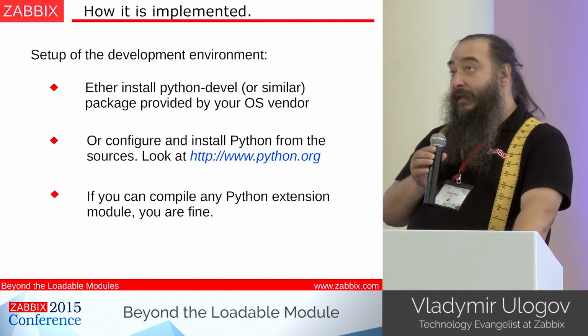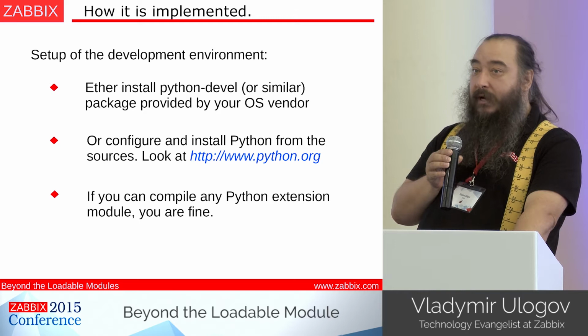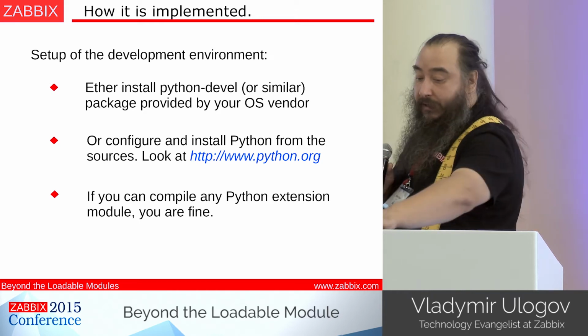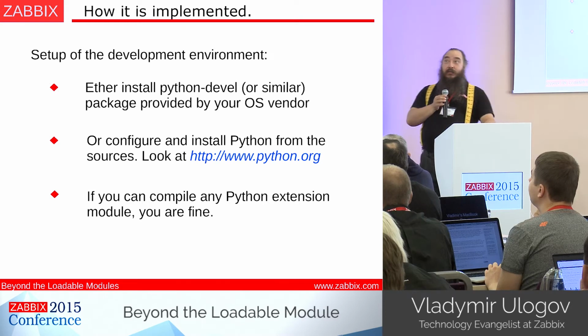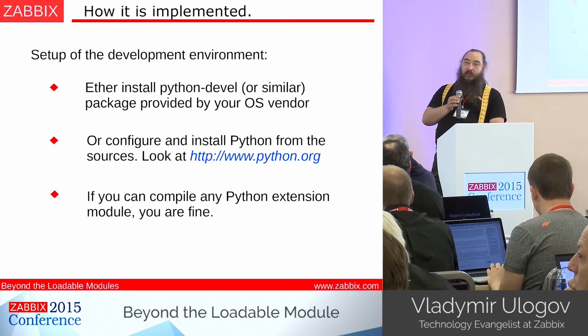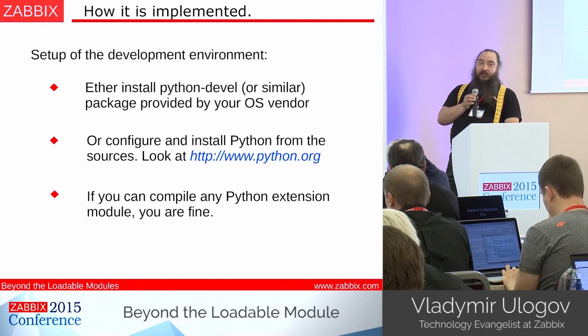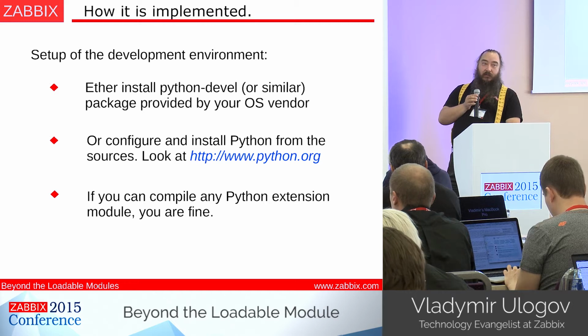And the criteria before you continue: if you can compile any Python C coded extension, you are fine, you can continue. And in addition to these three requirements for the Python development environment, you shall have the Zabbix source code available.